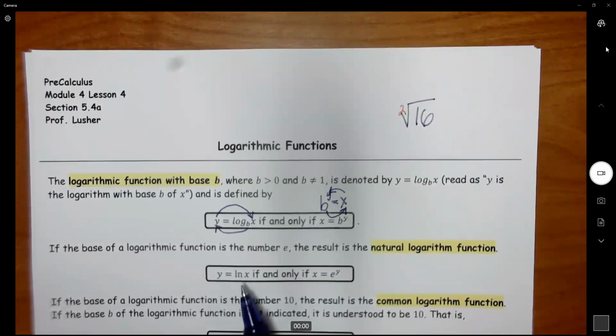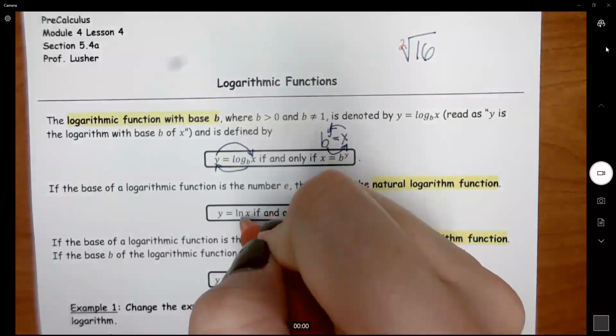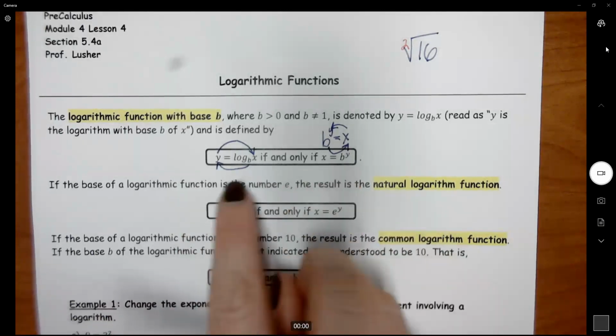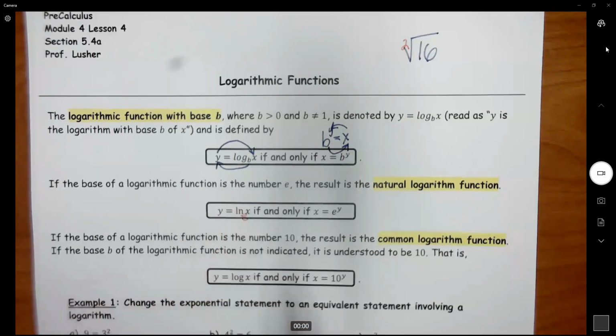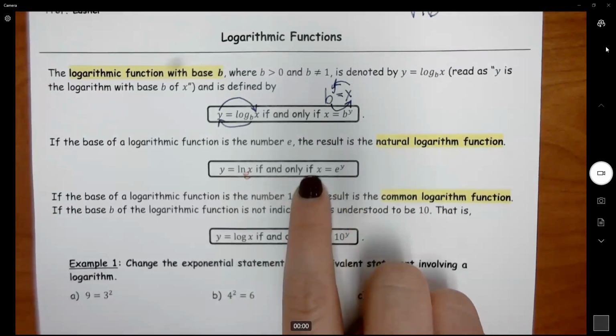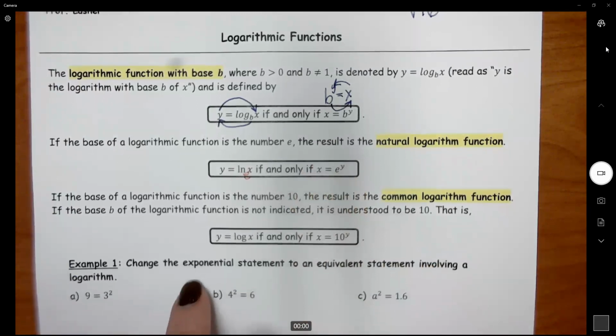Same thing with your natural logs. If you just see a natural log, then it is known to have a base of e. And so then you can follow these same principles. You're going base, to equals, so e to the y power, and then over to the bigger number. Or base, to equals, to your exponent.